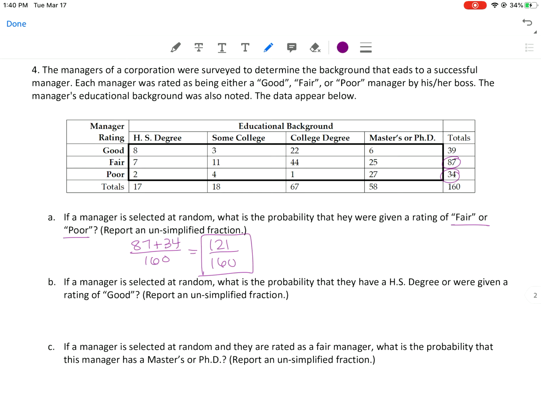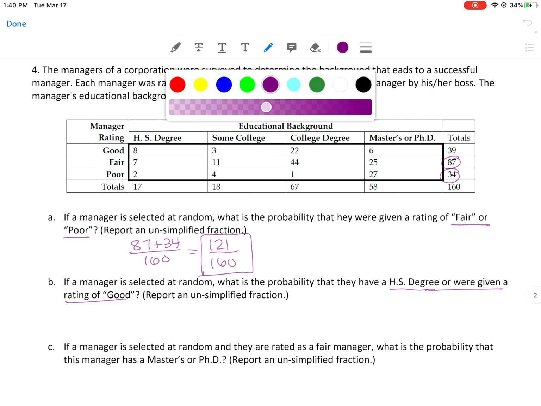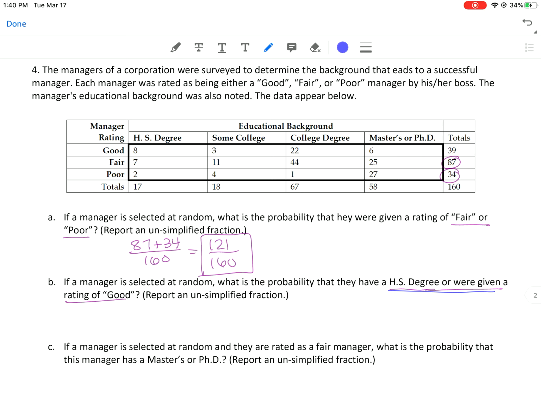If a manager is selected at random, what's the probability that they have a high school degree or were given a rating of good? So this time, maybe let me change colors up here. If they have a high school degree, we've got 17 of them, right? A rating of good, we've got 39.